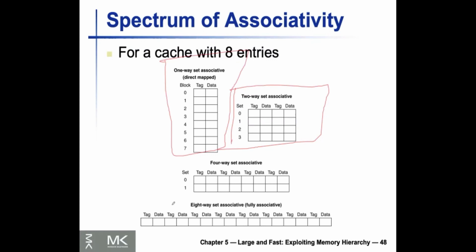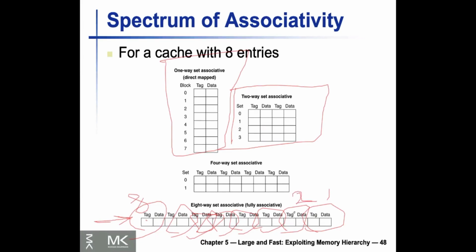And 8-way set associative is you have only one giant block of cache, and then it can go anywhere. Your tag data could go everywhere. That's why you have 8-way, because you have 8 pairs of these tag data: 1, 2, 3, 4, 5, 6, 7, 8. This is the 8th one. So this tag data could be placed anywhere. That's why we call it 8-way set associative.